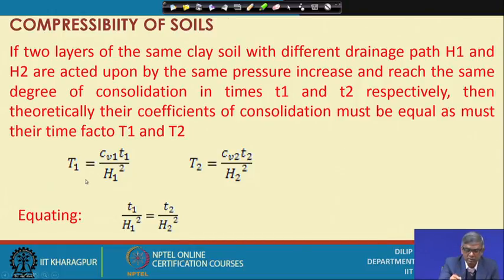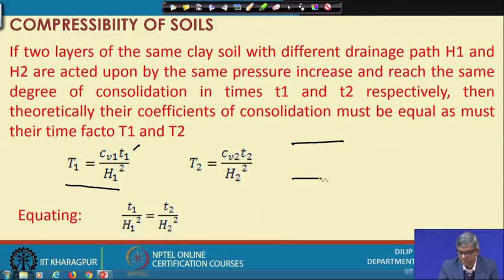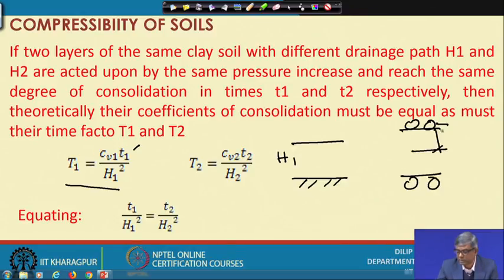Suppose t 1 will be C V 1, for layer 1, t 1 the time required for layer 1, and H 1 square. Suppose one layer is something like this, single drainage, and this is H 1, and another layer is something like this, double drainage, and this is H 2.